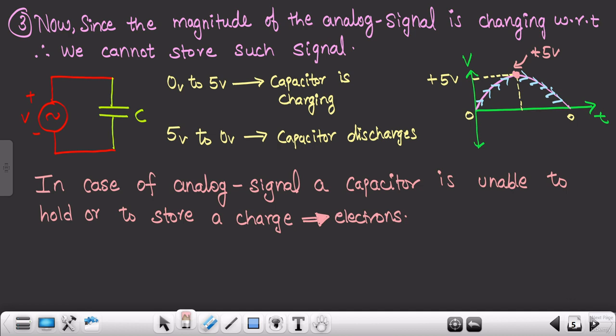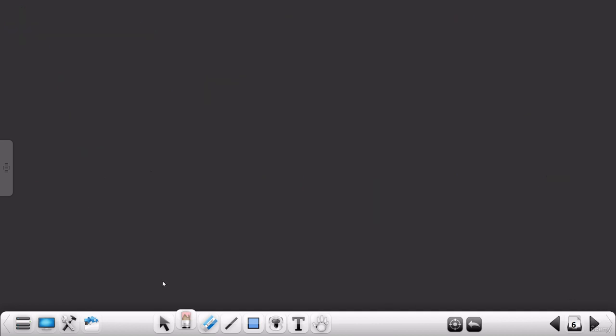So the fourth point is high noise is produced during processing of analog electronics.